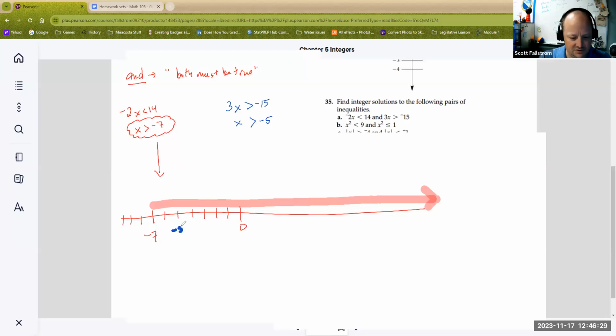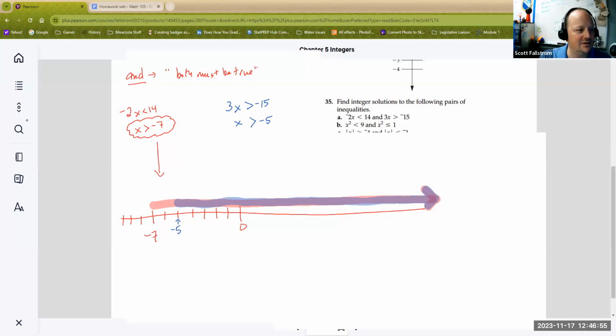Here's negative 5 right there. And so I want to go this direction. So from negative 5, I want to go this direction. Everything has to go that direction.